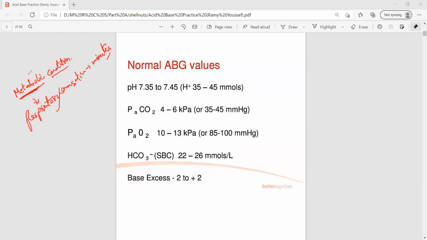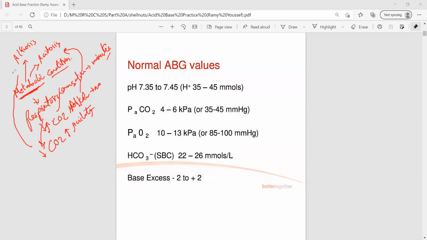If the body got into metabolic acidosis, respiration increases to make the body lose CO2, trying to go the alkalotic way, to repair the acidotic problem. If the blood is in metabolic alkalosis, respiration will decrease, so CO2 increases, increasing the acidity of the blood, trying to repair the alkalotic condition.